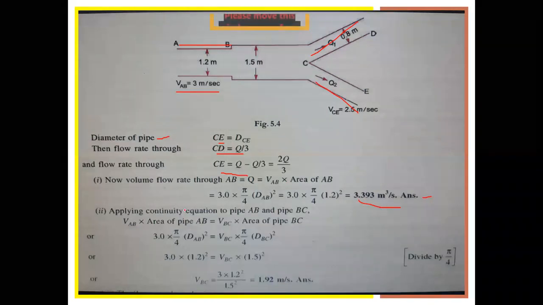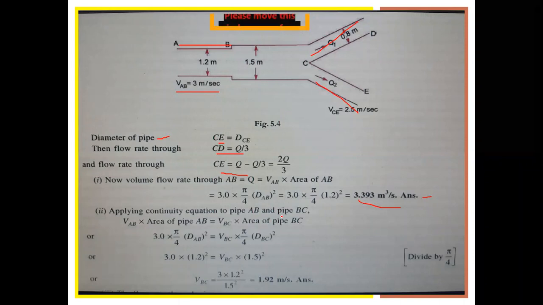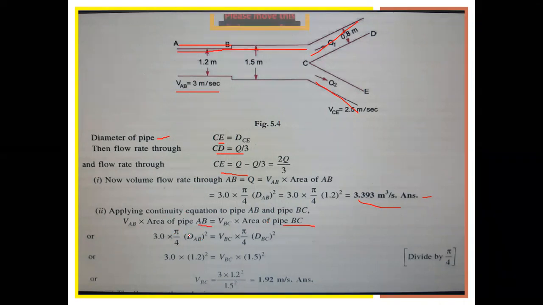Now, applying the continuity equation to the pipes AB and BC, from A to B and B to C. So VAB into area of pipe AB is equal to VBC into area of pipe BC. Substituting the areas, 3 into pi by 4 DAB square equals VBC into pi by 4 d square.